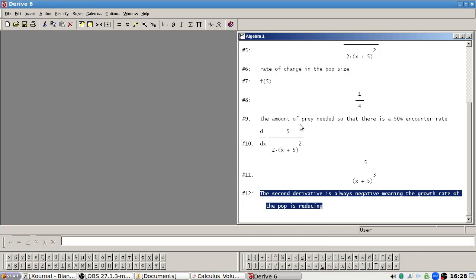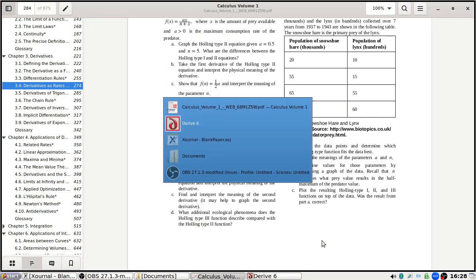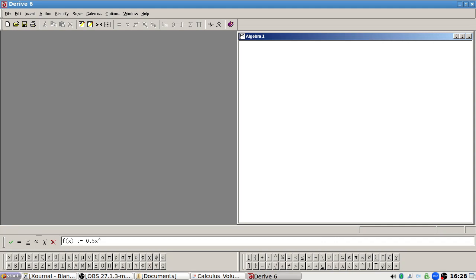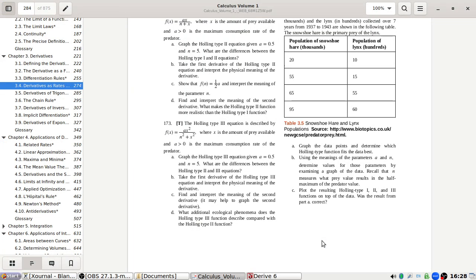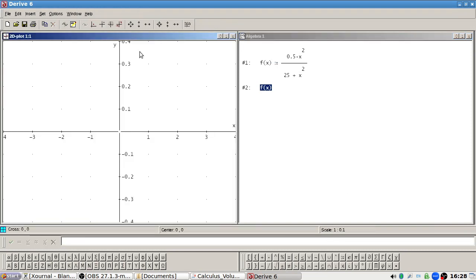173. Okay, let's type in f(x) is 0.5x squared over n squared, which is 5, plus x squared. So let's graph it.